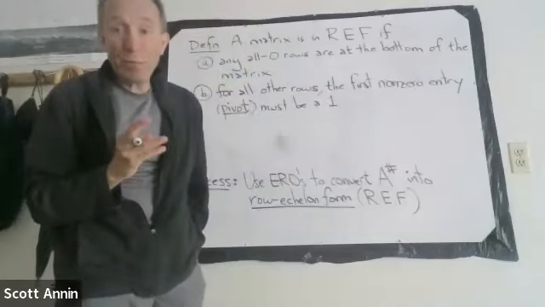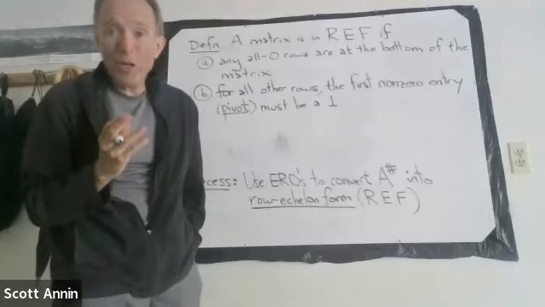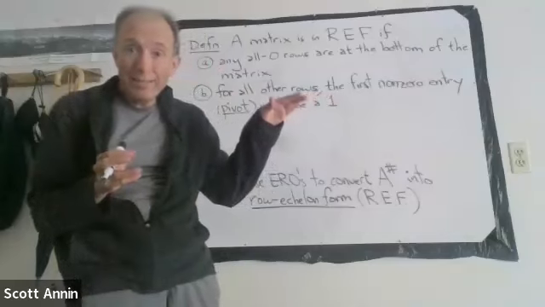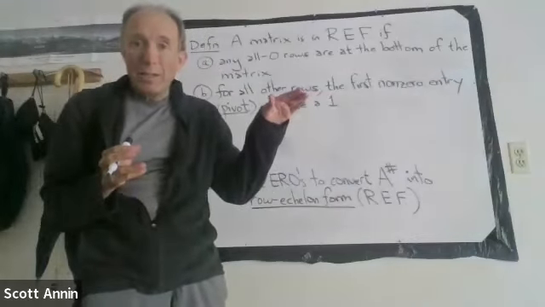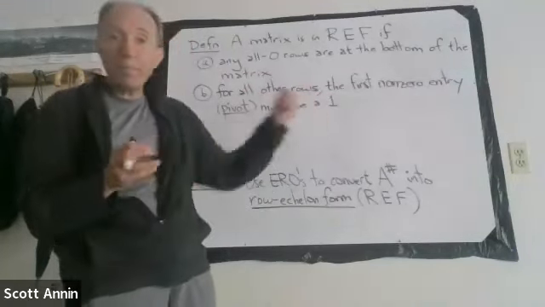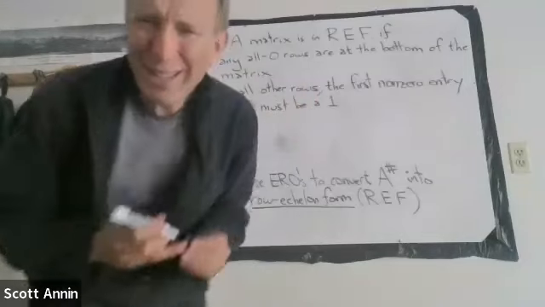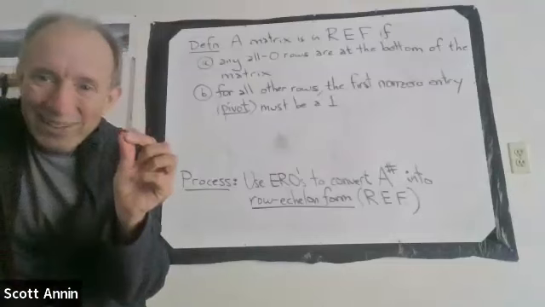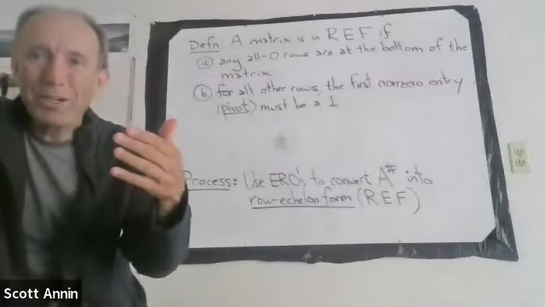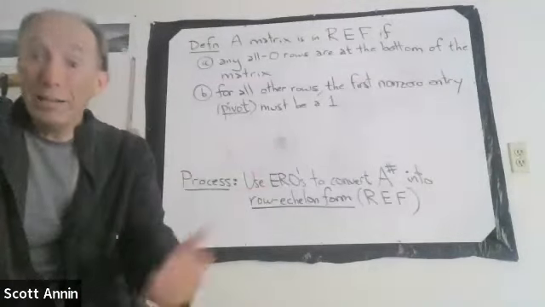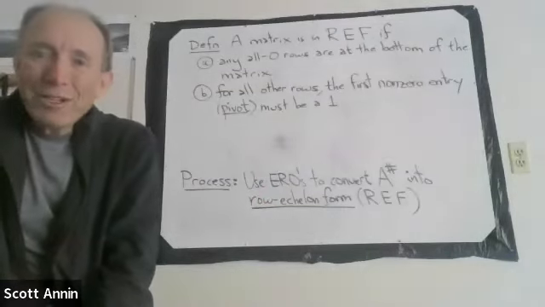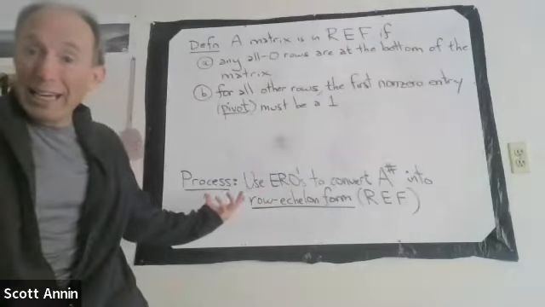Now you might be asking yourself, well, what if it's not a 1? What if the first non-zero entry in a particular row is a 7? According to the definition, we need it to be a 1. Well, does anybody have any thoughts about how you could change that 7, or whatever that non-zero first number is in that row, into a 1? Let you pause and think about it for a second, but we have the EROs again.